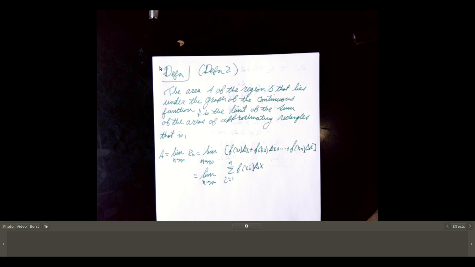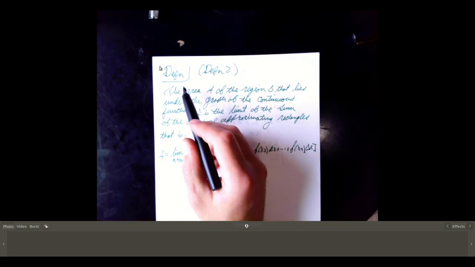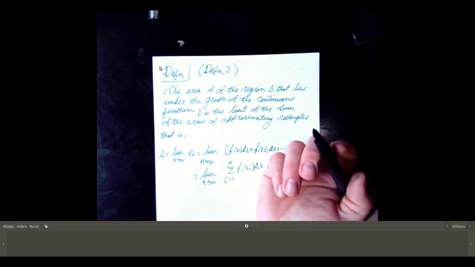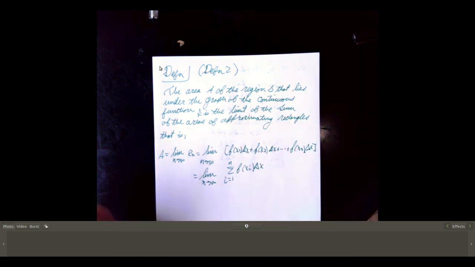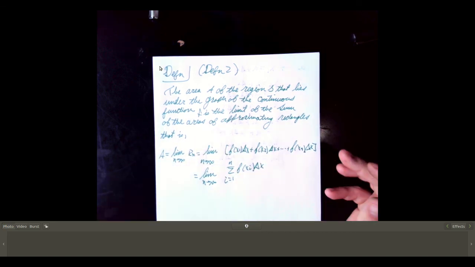Before we move on to example 3, let's talk about this definition. This just formalizes the drawing that I just had up. It says the area of a region S that lies underneath the graph of a continuous function f is the limit of the sum of the areas of approximating rectangles. That is, the area is equal to this limit.